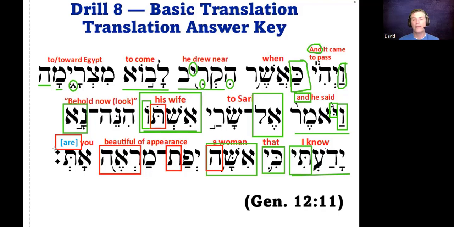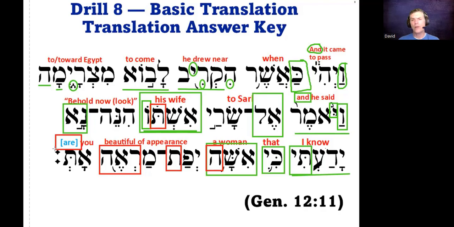We looked at every single instance of independent personal pronouns. This is a pronoun that is not attached to a noun or a verb. It stands on its own feet, all alone, in between words, or in this case, at the end of the pasuk. So ata would be you, masculine singular. This would be the female counterpart, at, meaning you, a reference to Sarai. So there you have it.